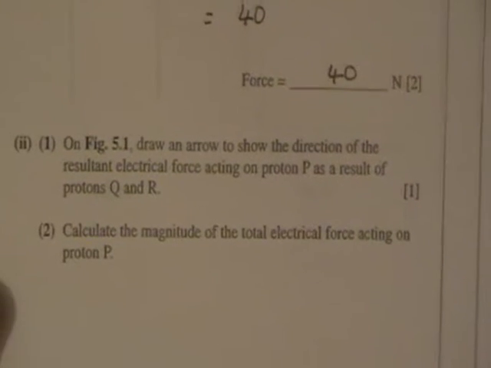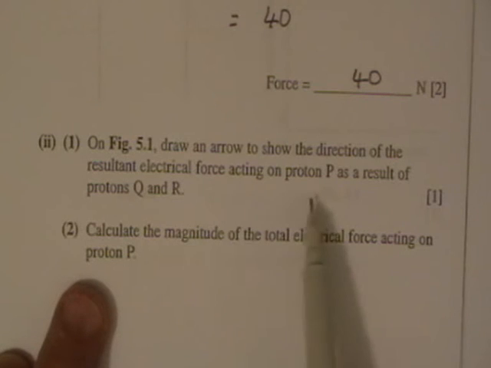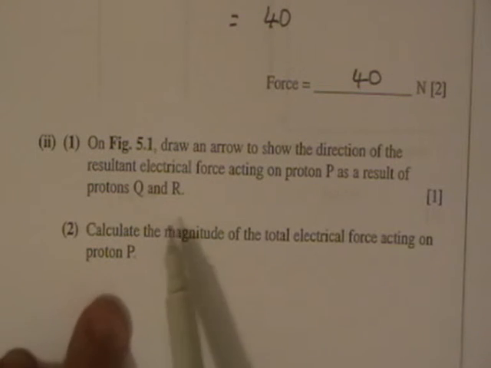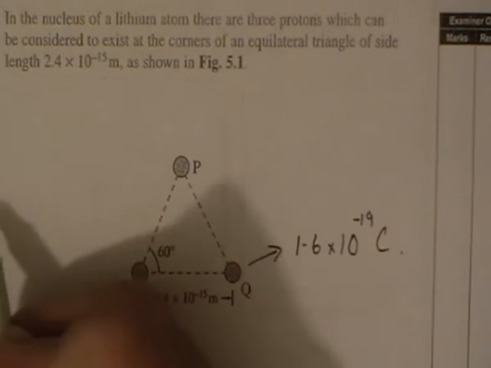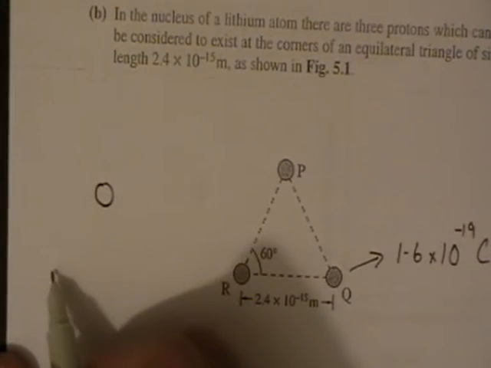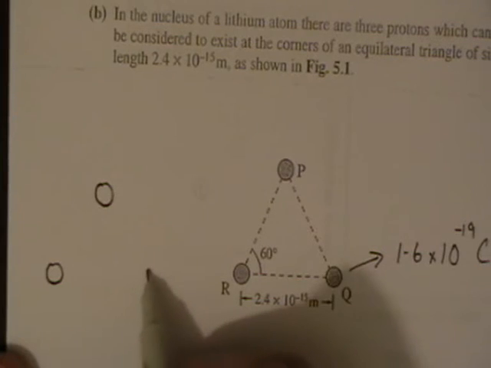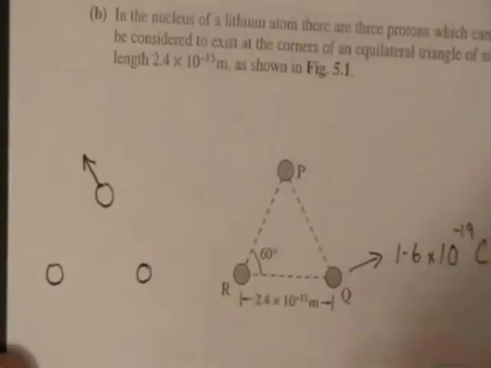Right, on figure 5.1, draw an arrow to show the direction of the resultant electrical force acting on proton P as a result of protons Q and R. So here's proton P, proton Q, and proton R. I'm just going to go across the side here so we can see what's happening. So there's P, R, and Q. And what's happening is we get a force.